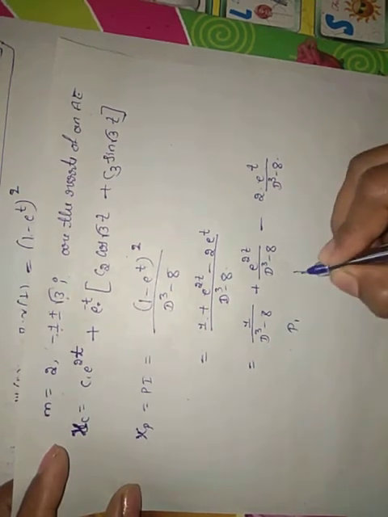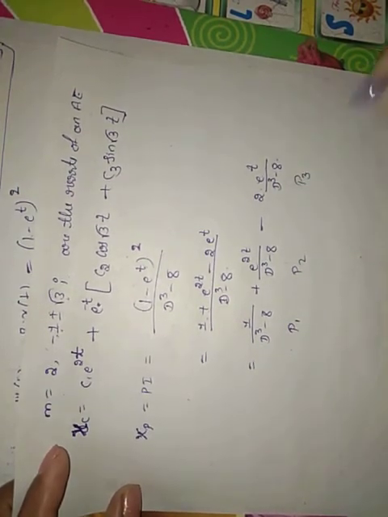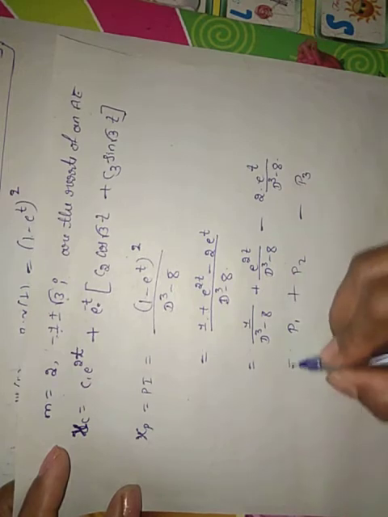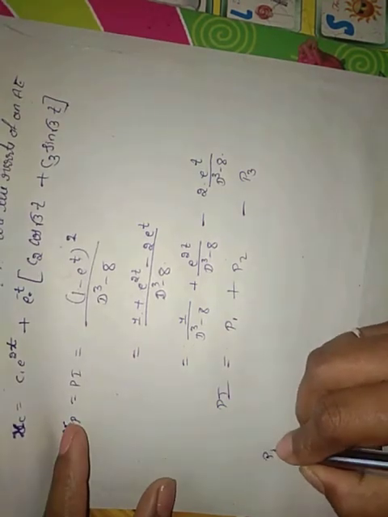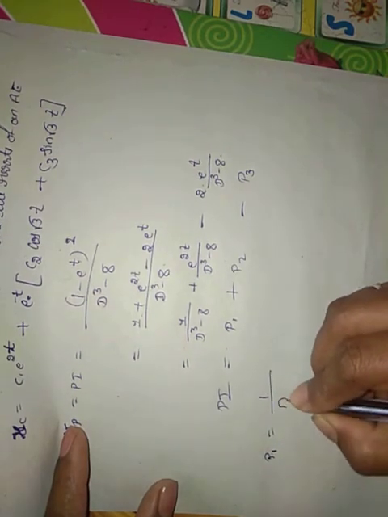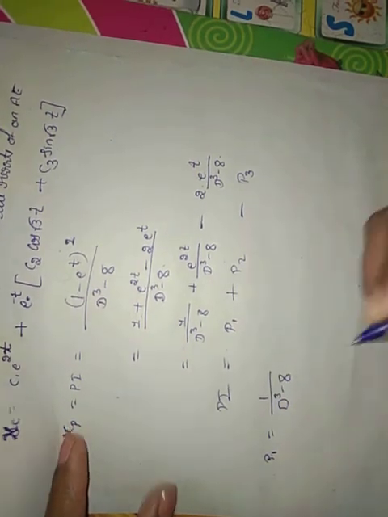Consider these as P1, P2, P3. So our P1 is equal to 1 divided by D cube minus 8.